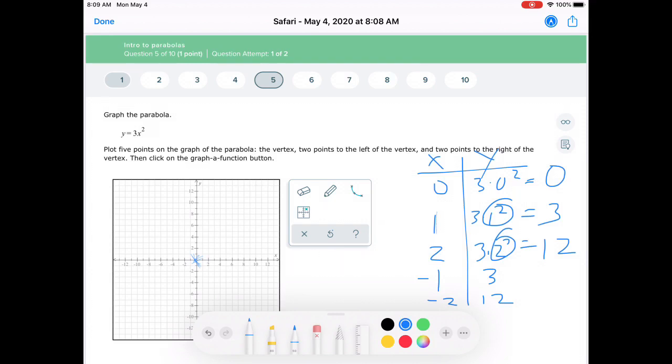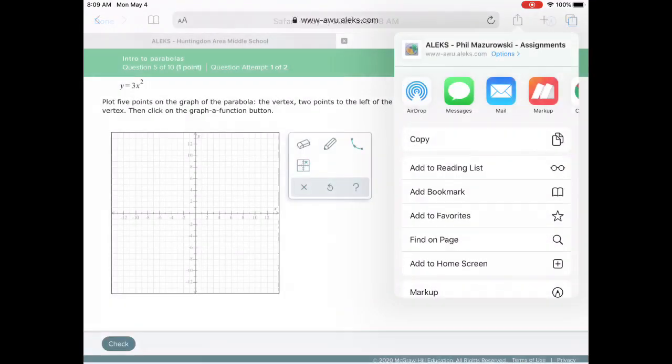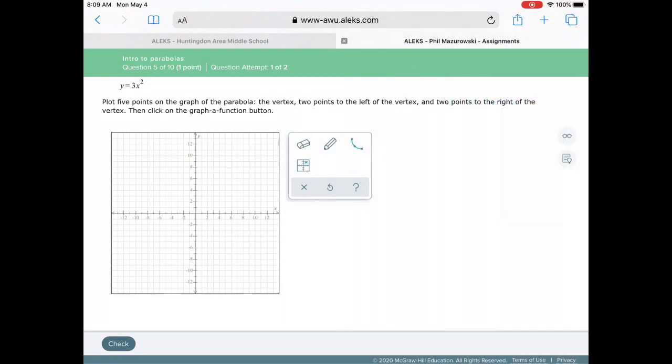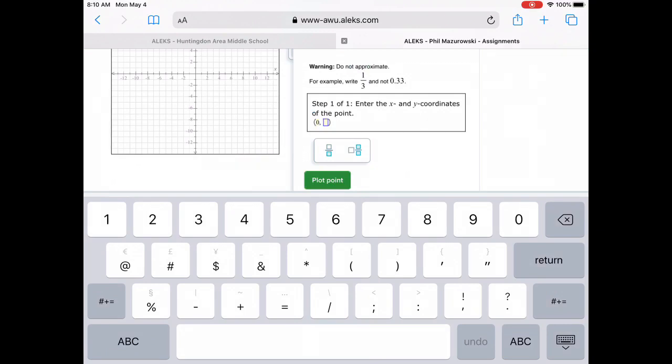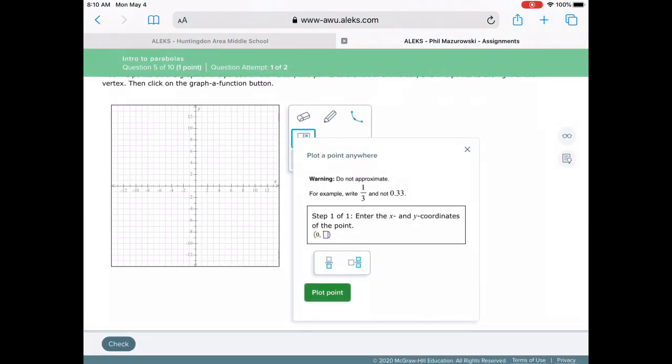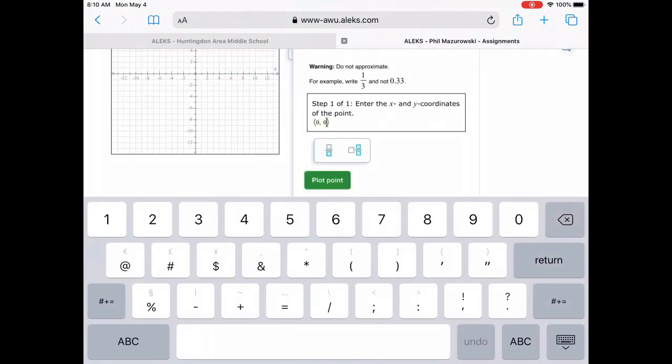And I want to show you another tool real quick. So we got to remember 3 and 12 because this does not save. We have this tool as well, which plots the points for you. So if I put 0, 0 in and hit plot point, it will automatically plot that for me.